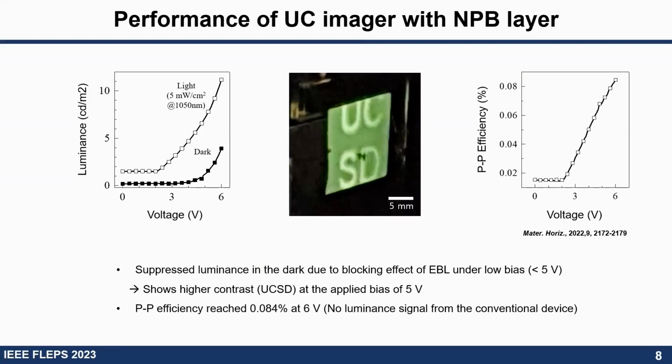Based on the previous result, we fabricated a conversion imager with an electron blocking layer, and the luminance characteristic was measured.